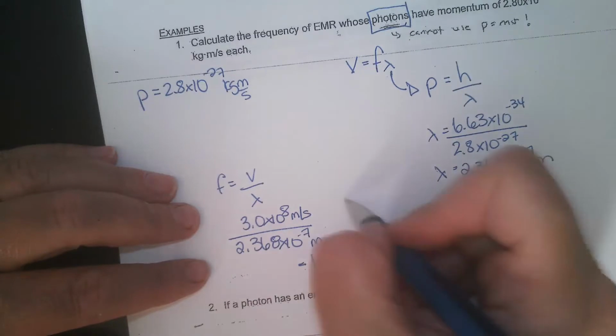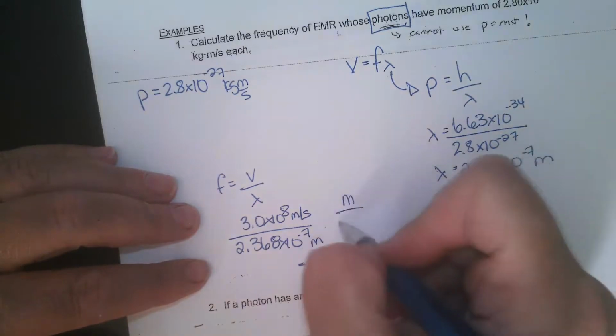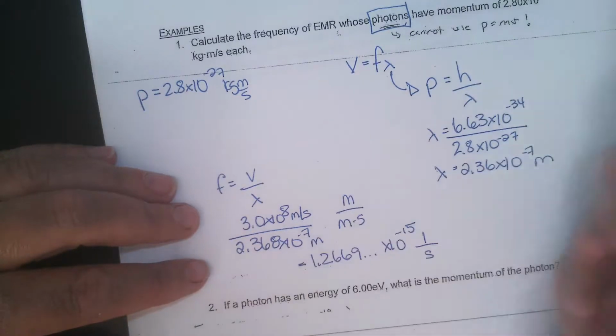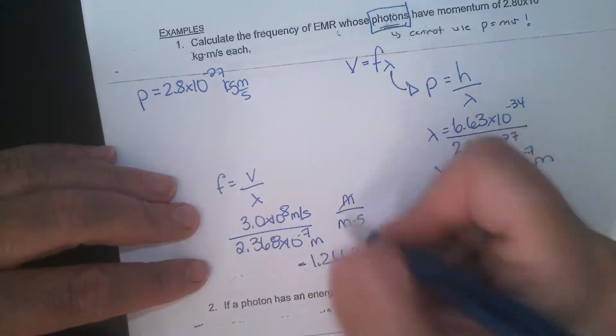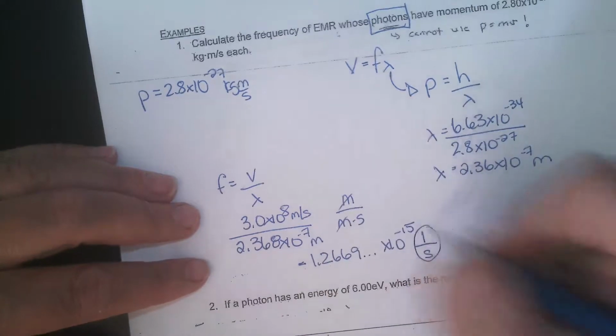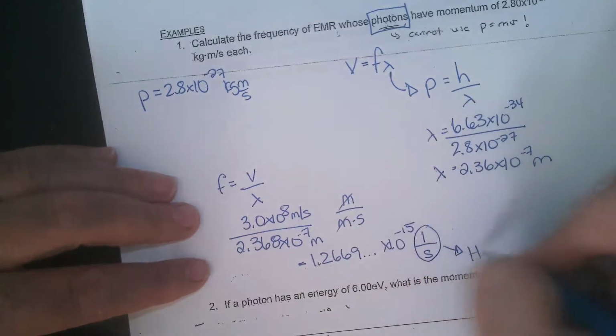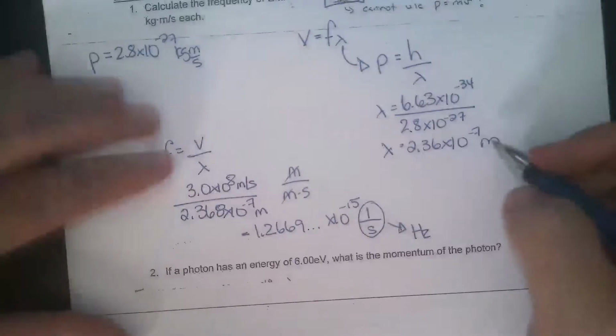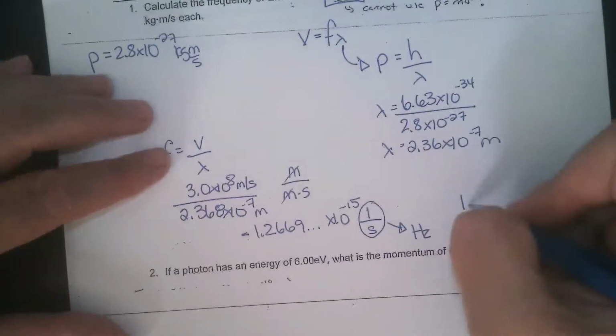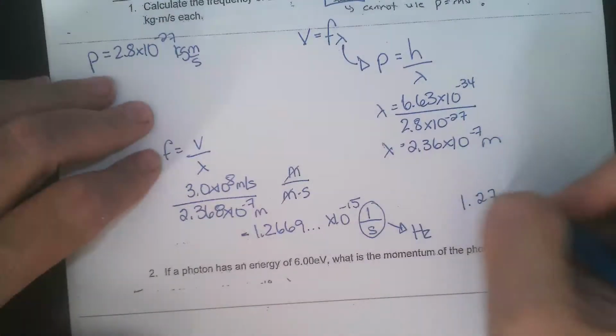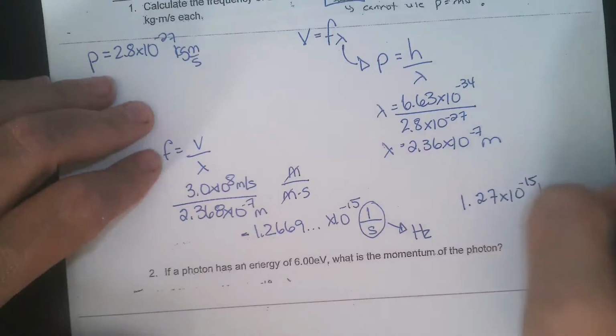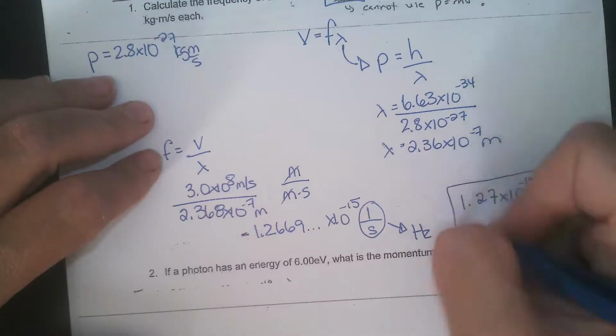If we did a unit analysis, we would have meters over meters per second, and so these meters would cancel out. This unit is hertz. So when we write it out to significant digits, we get 1.27 times 10 to the negative 15 hertz.